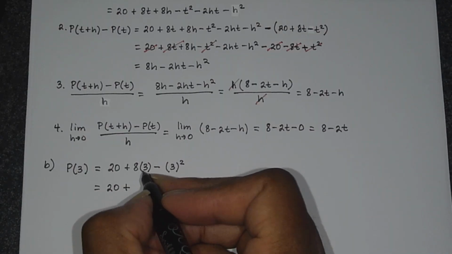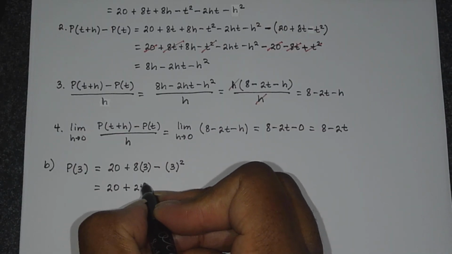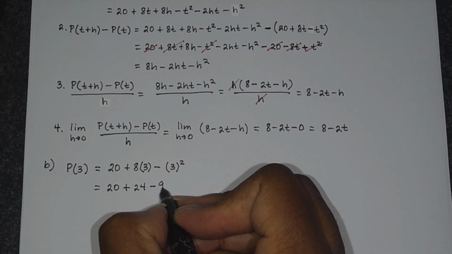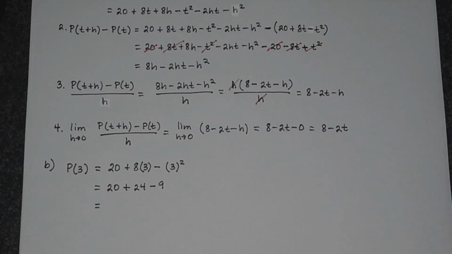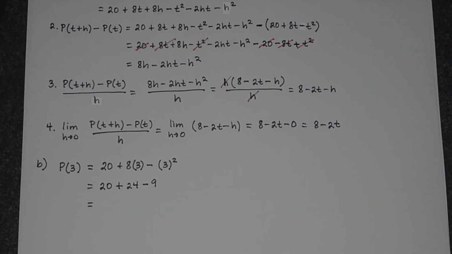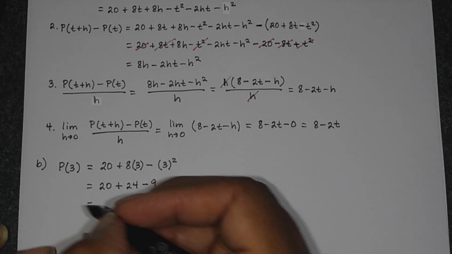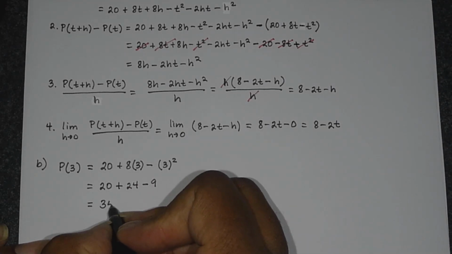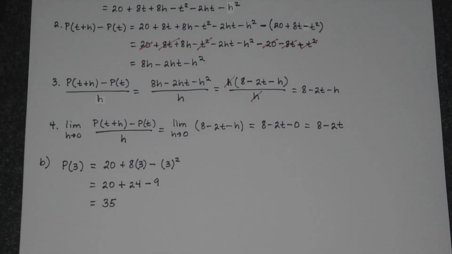All right. 8 times 3, that's going to be 24. Minus 3 squared, that's 9. And what's 20 plus 24 minus 9? 35. So that means the value of that function when t is equal to 3 will be 35.